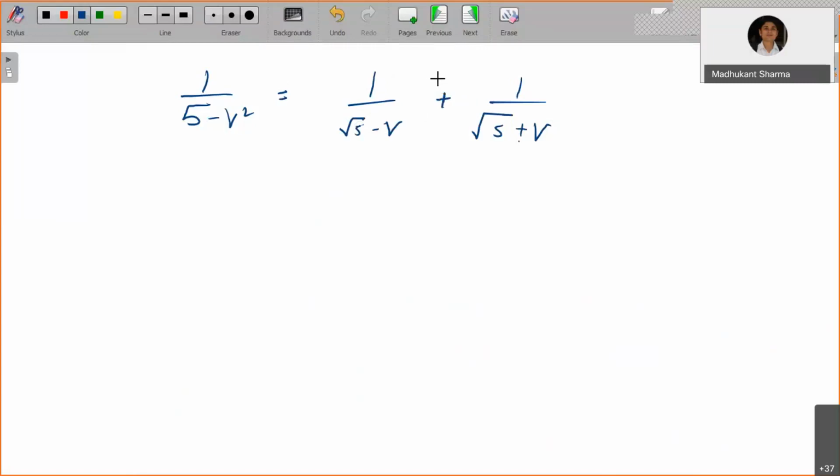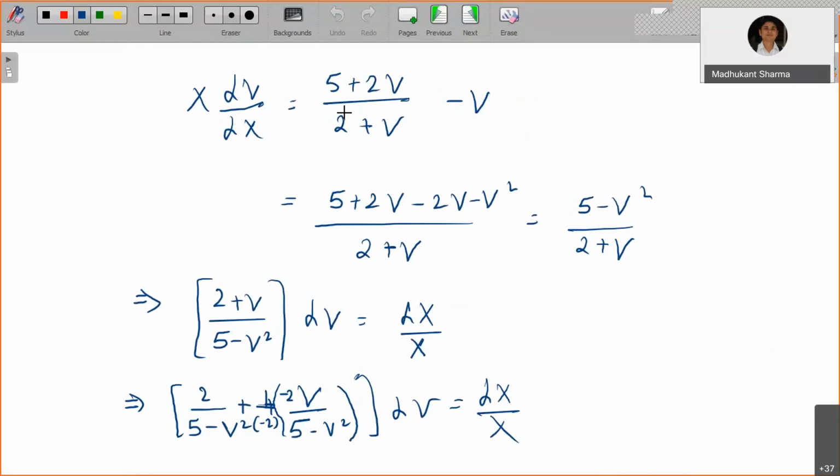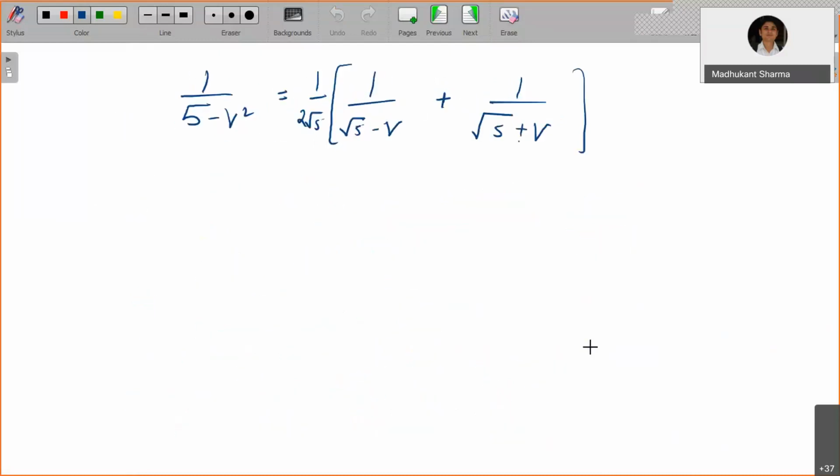Okay, so root 5 plus root 5 is 2 root 5, so you can certainly have 1 by 2 root 5 here in the denominator, and which you can simply integrate now. Okay, so ln of a minus x with minus sign here, and ln of a plus x with plus sign here, and you can simply integrate both sides.